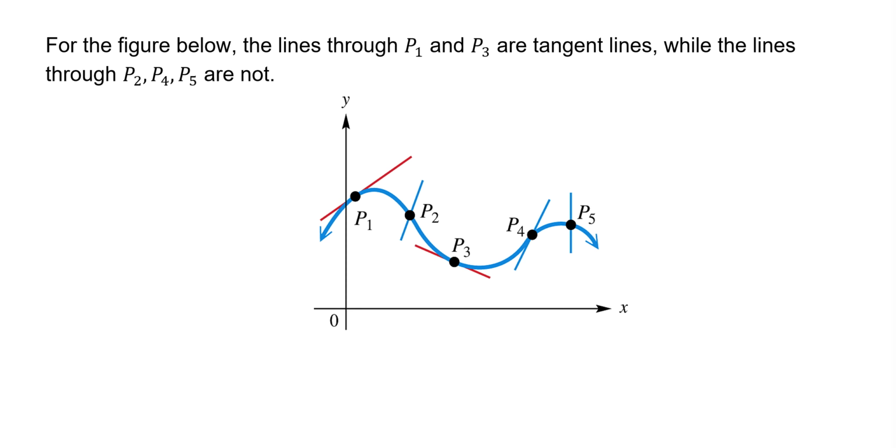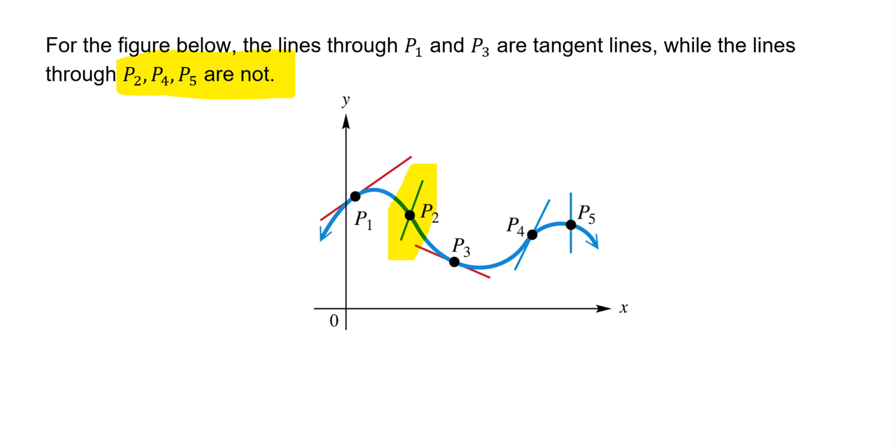We have this blue curve and we have these separate points, P1, P2, P3, P4, and P5. P1 and P3 are correct tangent lines. You can see that each touches at the point and seems to have the same direction. At P1, the curve is definitely increasing, which is why the line is increasing as well. At P3, the curve is decreasing at this point, so the line is also decreasing. But P2, P4, and P5 are not tangent lines.